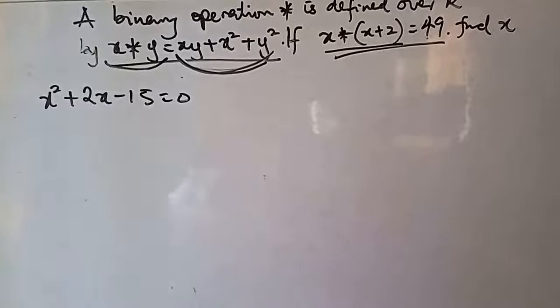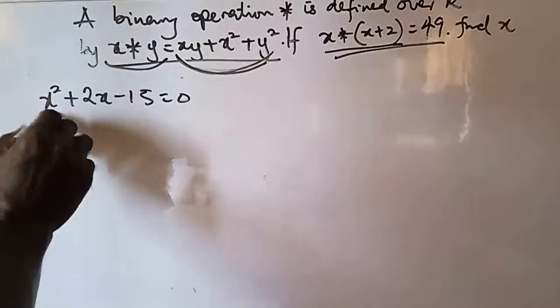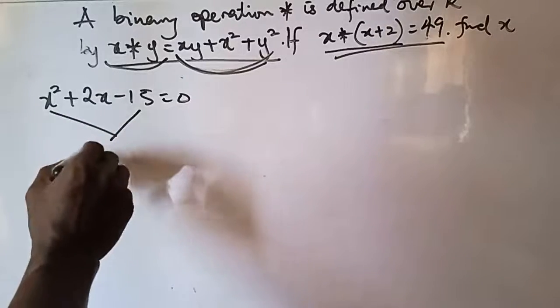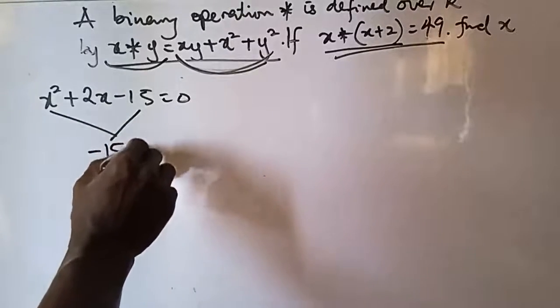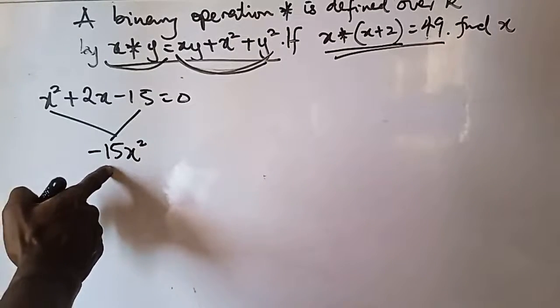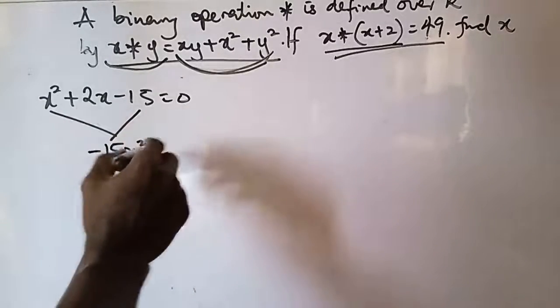Now to simplify this quadratic equation, we will use factorization. Using the factorization rule, x squared times minus 15 gives us minus 15x squared. What will multiply to give you minus 15 and add to give you plus 2?